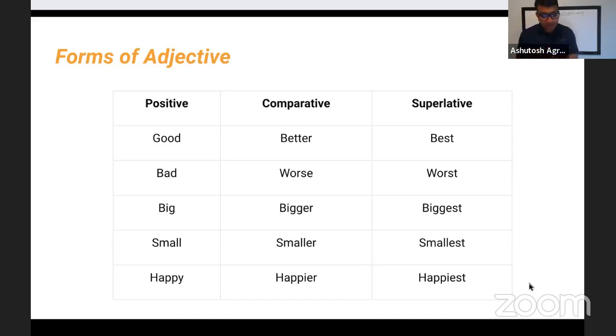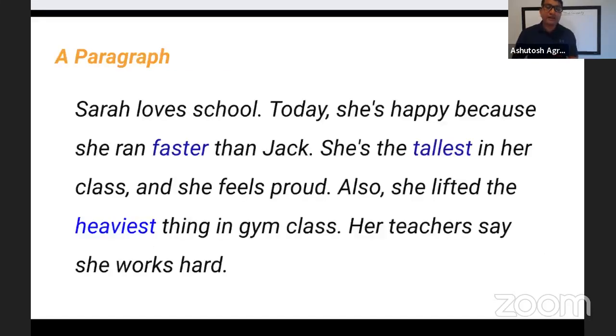So this is just a small table to talk about how in English the forms of adjectives are there. So in Hindi, what is the advantage of it? Imagine you have a paragraph like this that you're encountering. Try to read this paragraph. It's written in English, but if I were to ask you right now to translate this paragraph right away into Hindi, it may be slightly difficult.